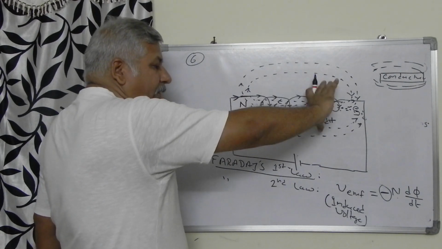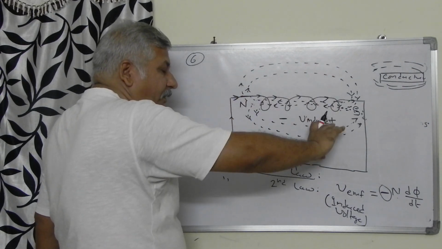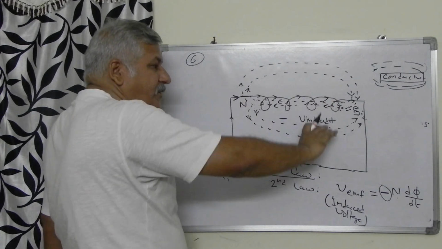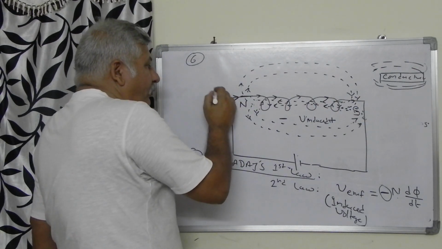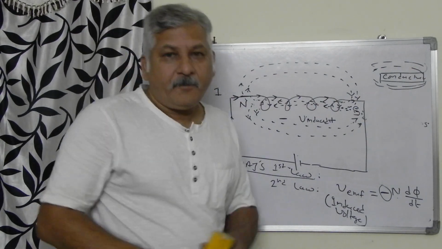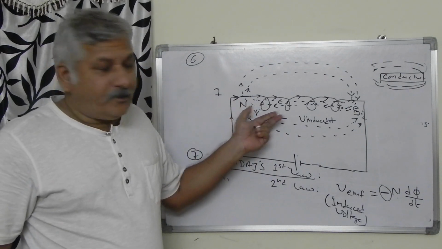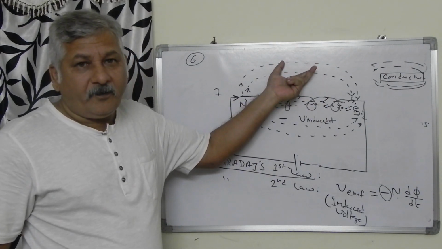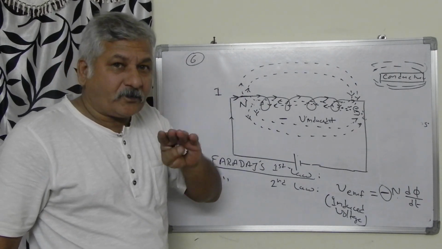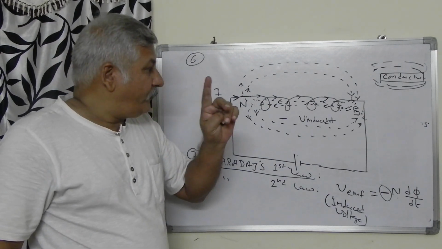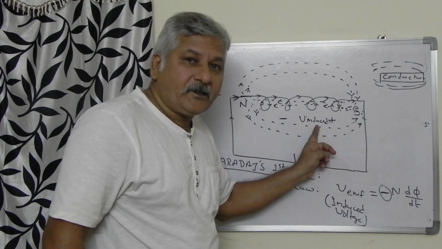Due to this varying magnetic field, and this magnetic field is basically produced due to a current, right? If there is no current in this coil, then there will be no magnetic field, right? So basically current is the basic cause which produces this induced voltage.